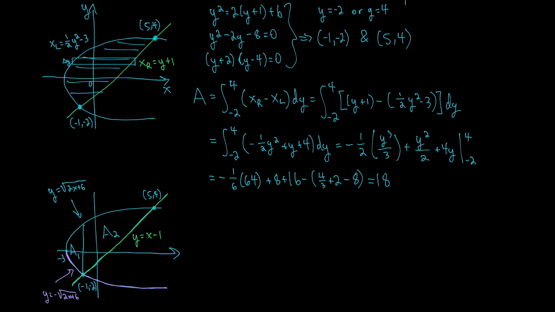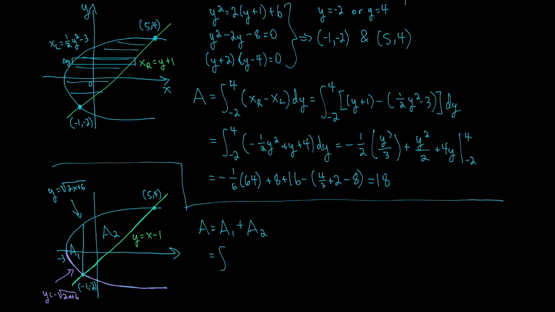So I would have to write it as, let's totally separate this, A1 plus A2, where we would have to write it as the integral from -3 to -1 of square root of 2x plus 6 minus the negative square root of 2x plus 6.